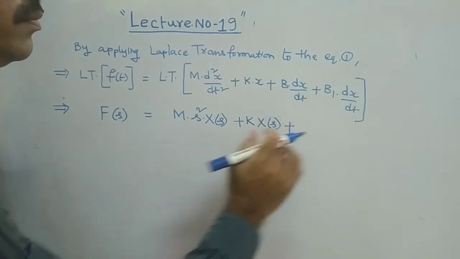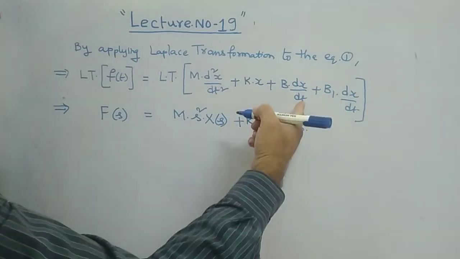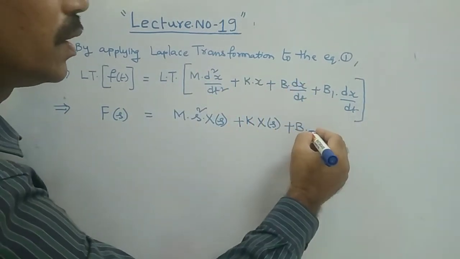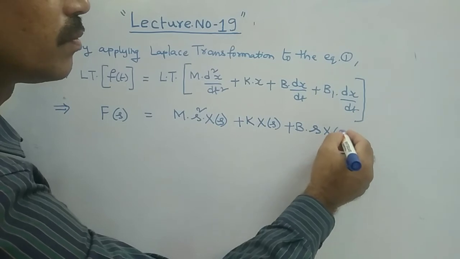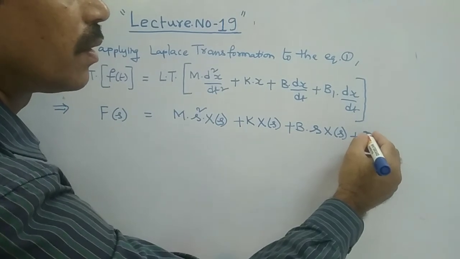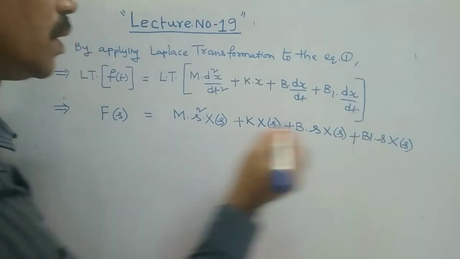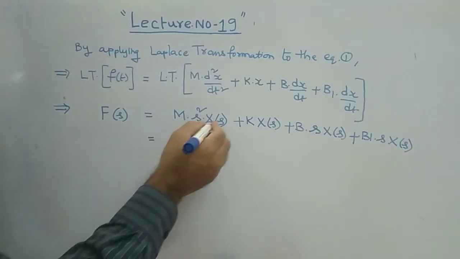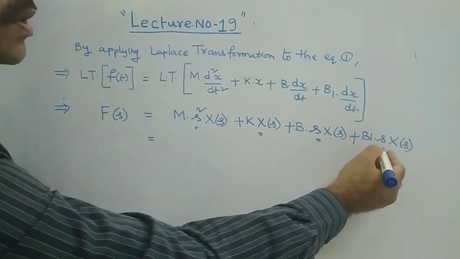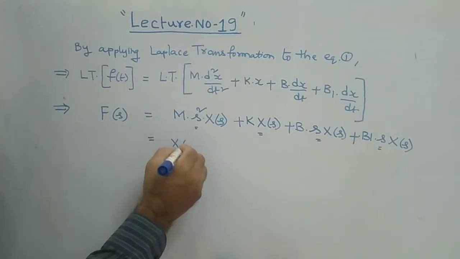Plus b is the constant and for d by dt there is one derivative, so you will have s into x of s. Plus the same here as b1 and s into x of s. Take each term: this is the first term, this is another term, this is the third term, the fourth term. In all these you will have x of s, so take x of s as common.